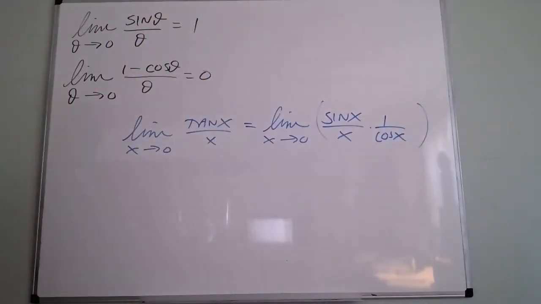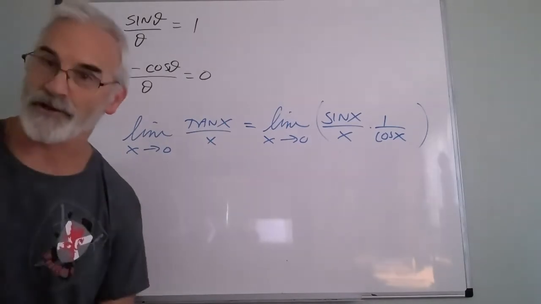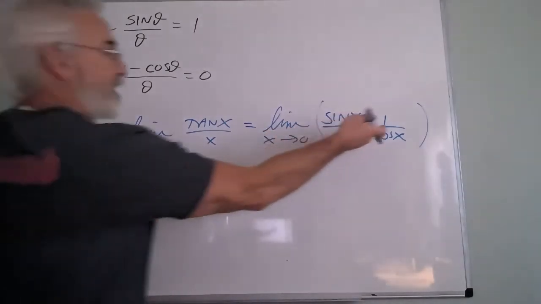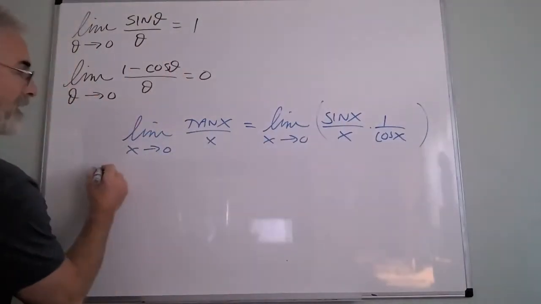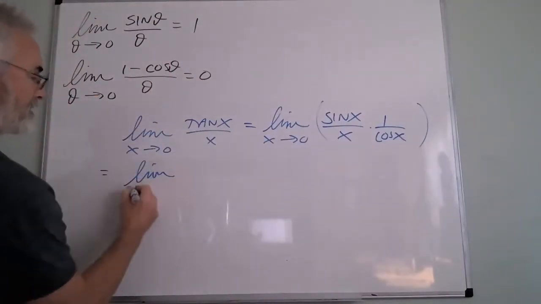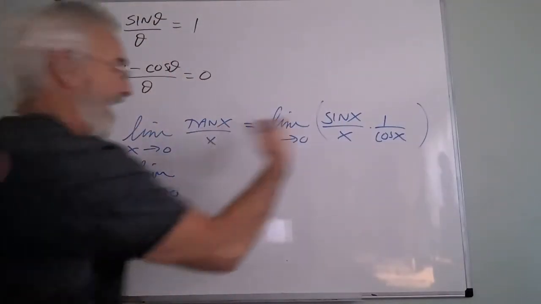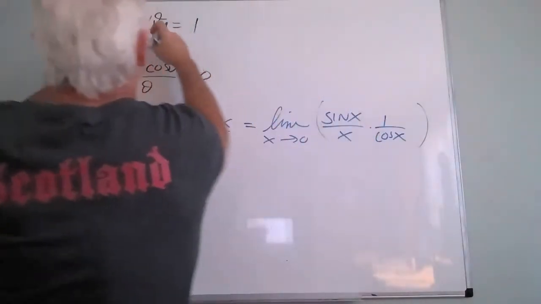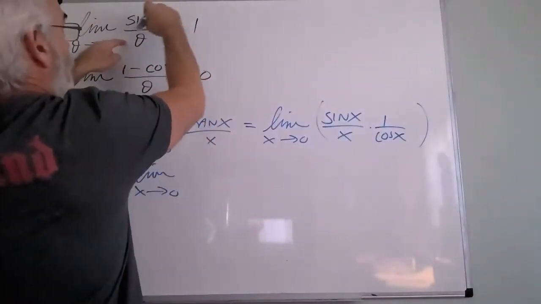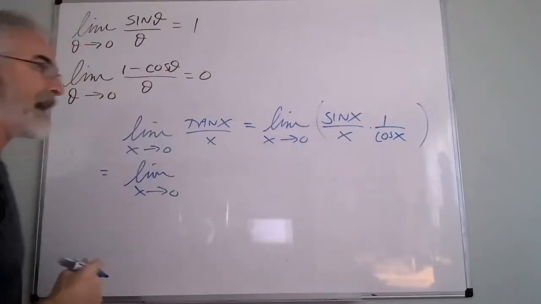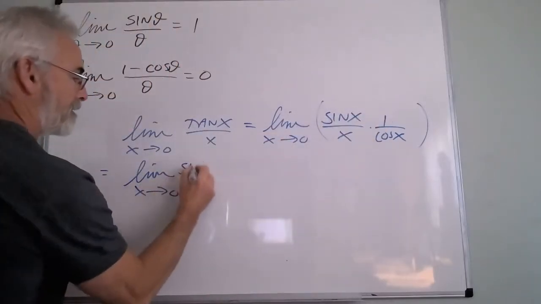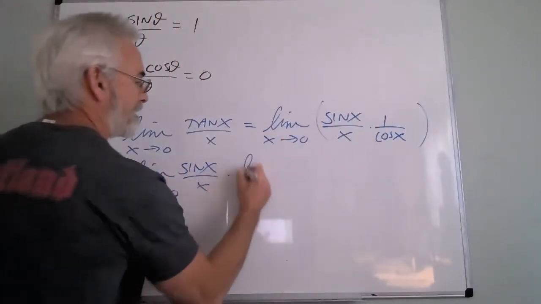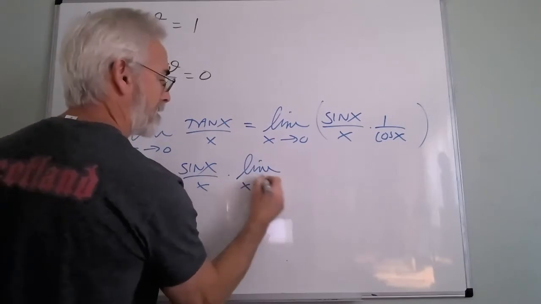And then very importantly, the limit of a product is the product of the limits. Now, if you chose to change this to secant, that's fine. It isn't going to make any difference at this point. So now I can't evaluate this yet because this has to be sitting all by itself. I can't have stuff in here, but I use the fact that the limit of a product is the product of the limits.